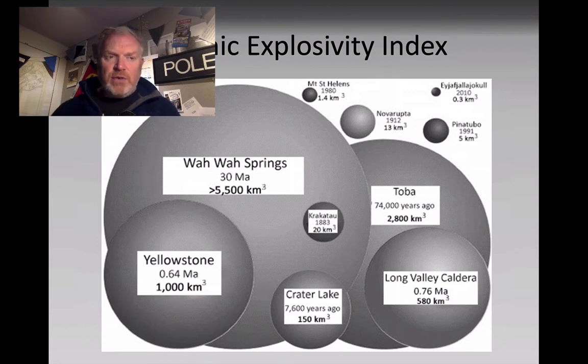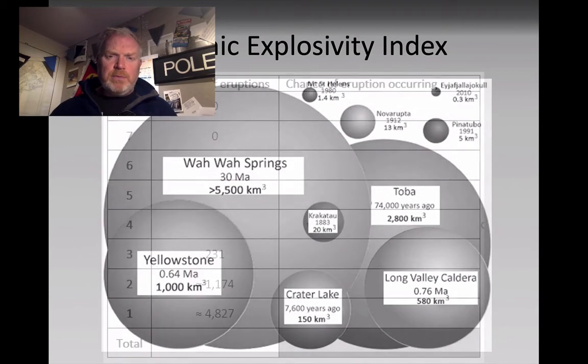What I'd like you to do first is to work out where on the VEI scale each of these eruptions is. Write next to the name of each of these what you think the VEI for that eruption is.